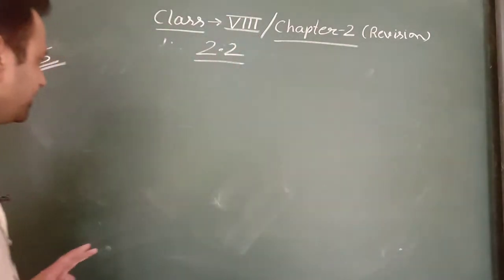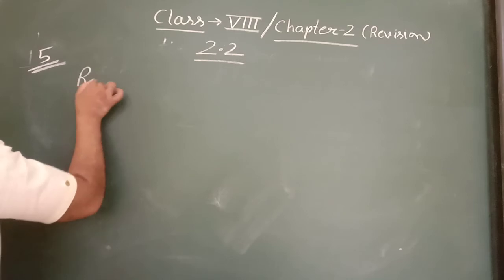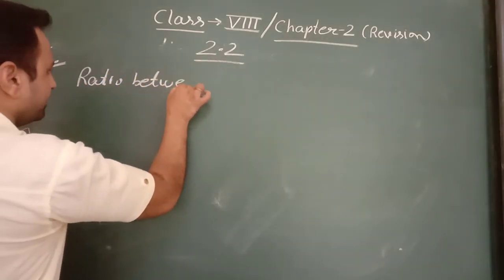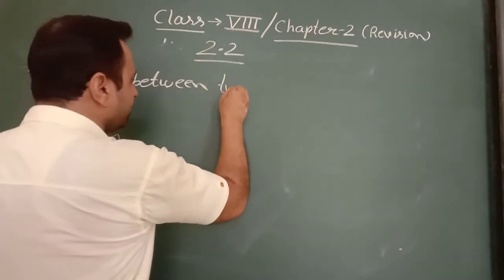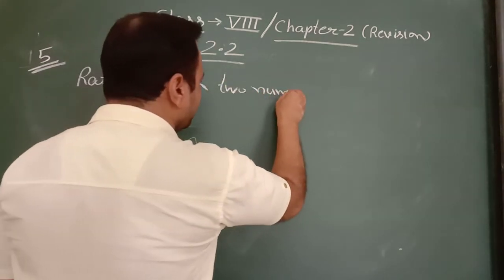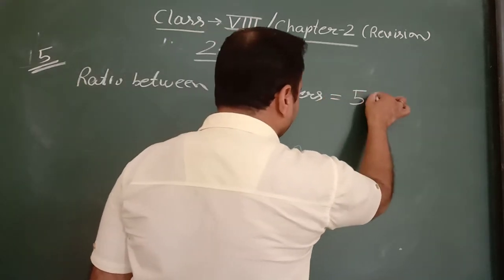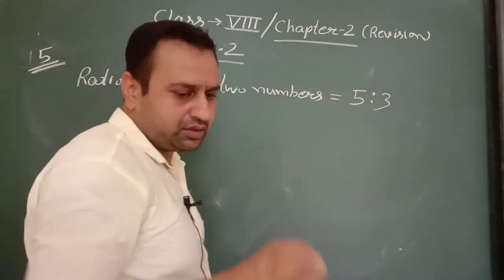सबसे पहले हम क्या लिखेंगे? Ratio between two numbers is equal to 5:3.